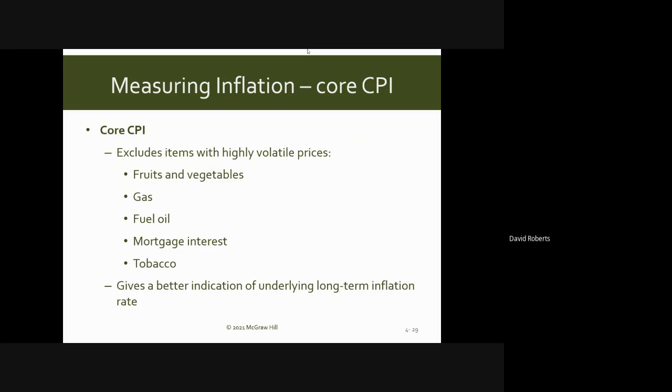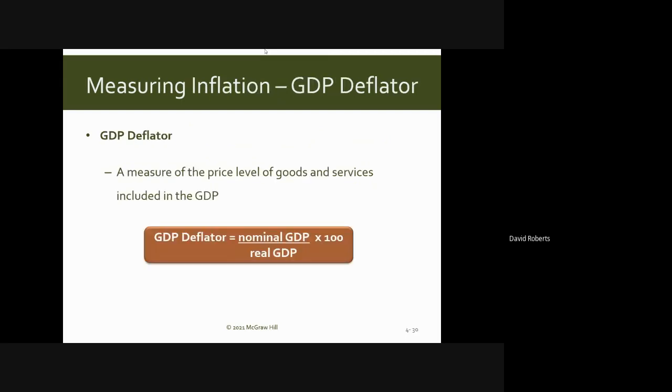Mortgage interest rates, there have been lots of hikes in mortgage rates, in the fall of 2023, over the last year and a half in particular. And again, they exclude the highly volatile items and only include core things that are in the basket of goods.